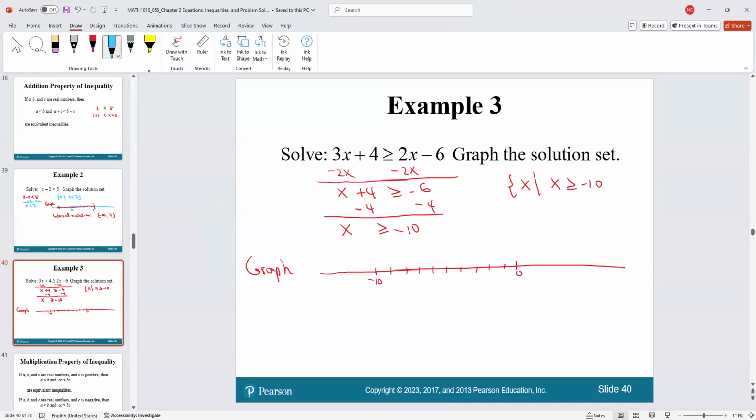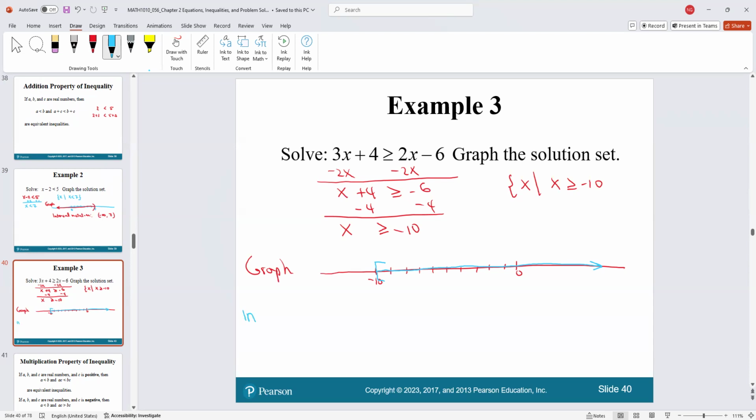They said x should be greater than or equal to negative 10. That means negative 10 is included. Should we use parentheses or bracket? Yes, we're going to use a bracket. We're going to go to the right indefinitely, and I put that arrow to show that. But again, they don't ask that question.